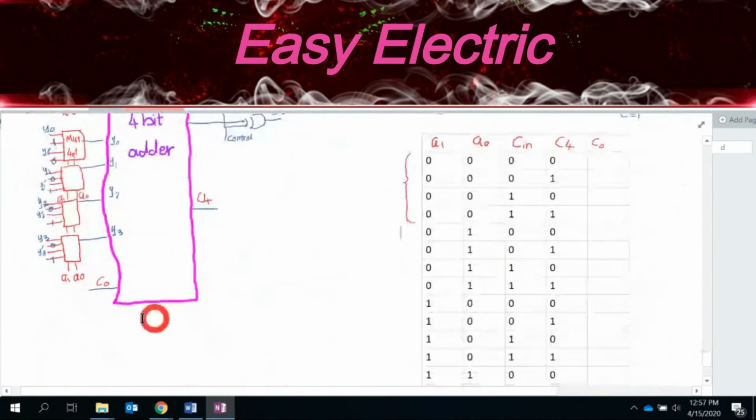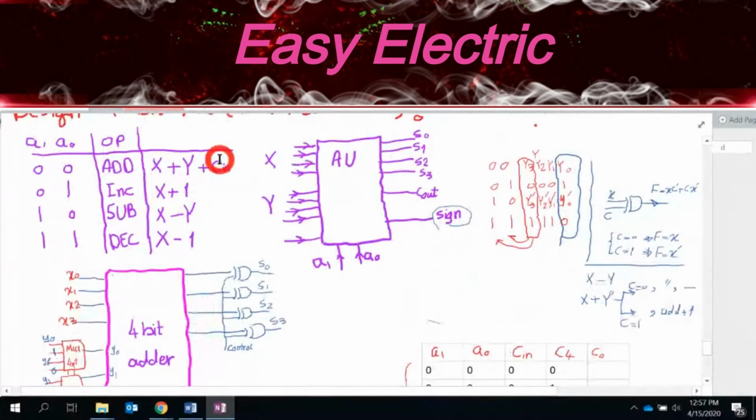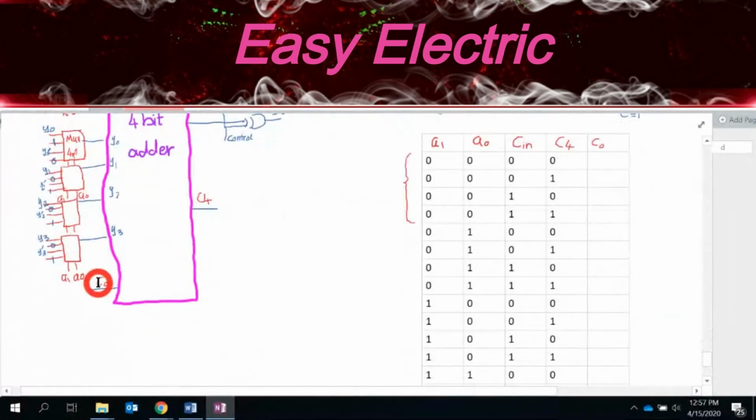So that means the Cin should be connected to C0. For that reason, in this case, C0 should be the same as Cin. So where Cin is 0, C0 is 0, and here it should be 1, 1. Okay. So that's what I complete for these 4 cases.